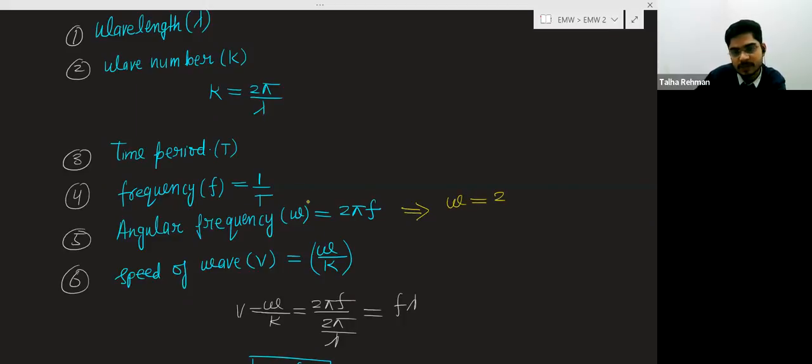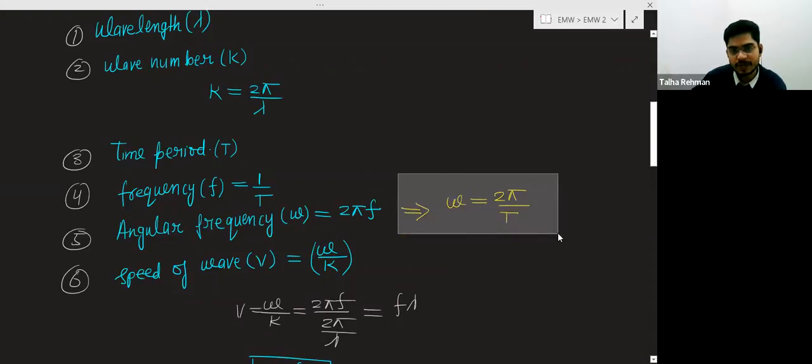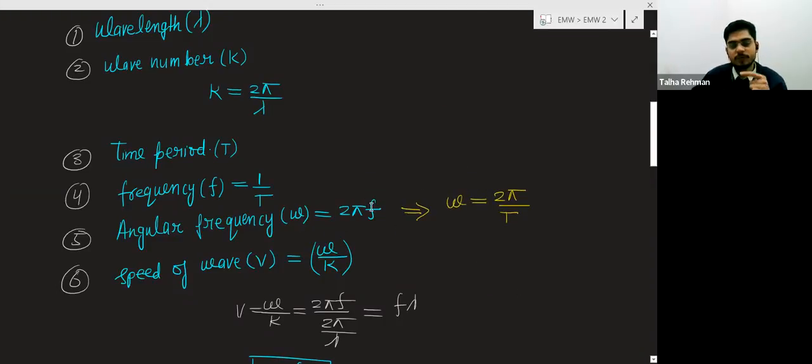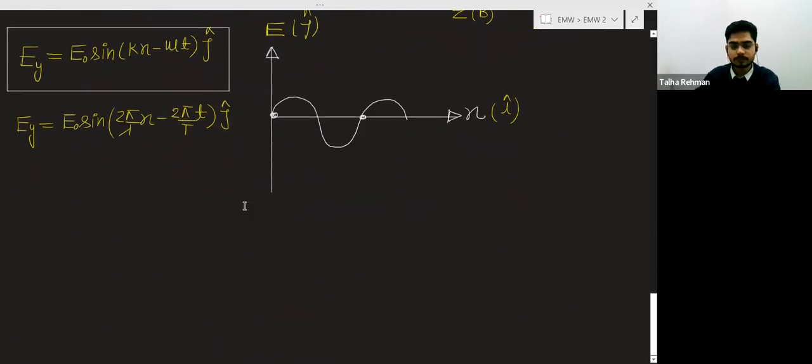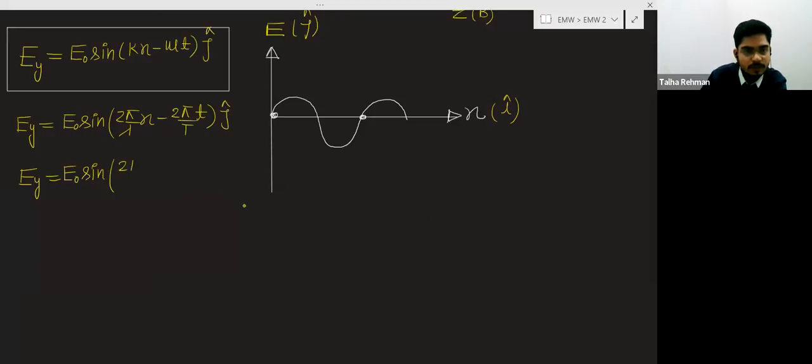From this equation you will put f is equal to 1 by T, then you will get omega is equal to 2 pi by T. Now take 2 pi common: Ey is equal to E naught sine, and taking 2 pi common, what you will have is x by lambda minus t by capital T, and j cap.